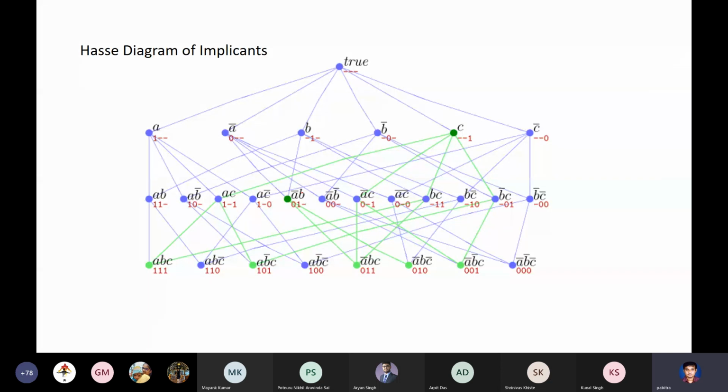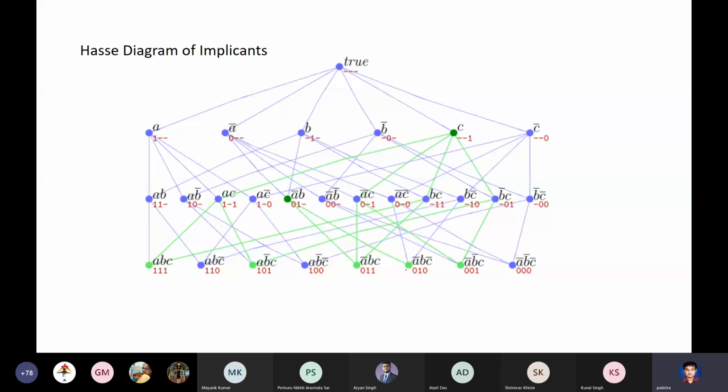Note that this blue thing is the entire space. But let's say this green one. You look at the base of the elements of this Hasse diagram. You see these green ones; let's say these are the true minterms.